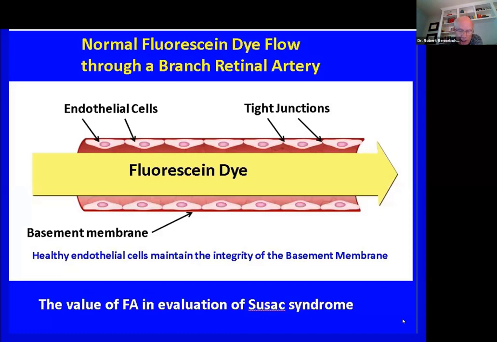Note the thin, healthy basement membrane of the vessel, the normal, healthy endothelial cells that line the inner aspect of the vessel wall, the tight junctions that normally hold the endothelial cells tightly together, and the normal free flow of dye through the vessel. One of the important tasks of healthy endothelial cells is to maintain the integrity of the basement membrane. The health of the basement membrane depends greatly on the health of the endothelial cells.